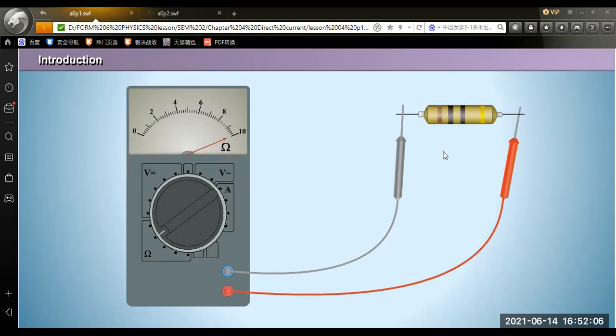But what happens if the actual resistance of a resistor is higher than 10 ohm, maybe 100 ohm, 1000 ohm, and so on? So what we need to do today is modify the 10 ohm maximum multimeter, to measure the resistance of a resistor which is not in this range.